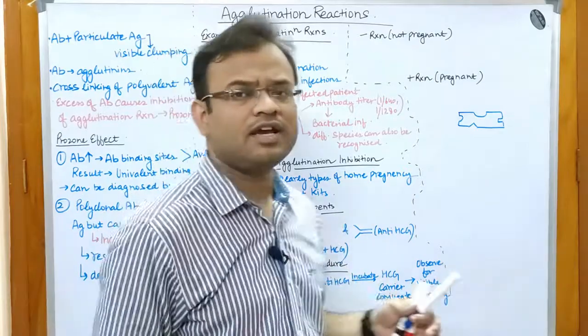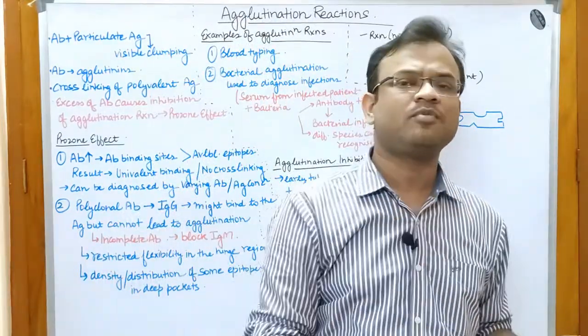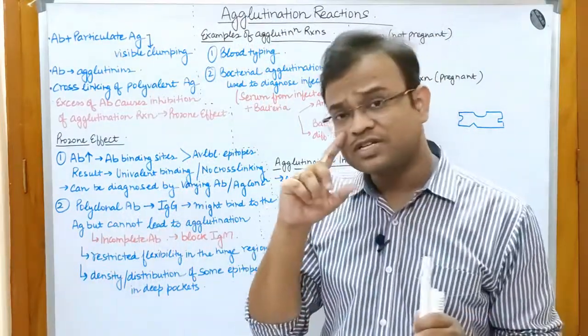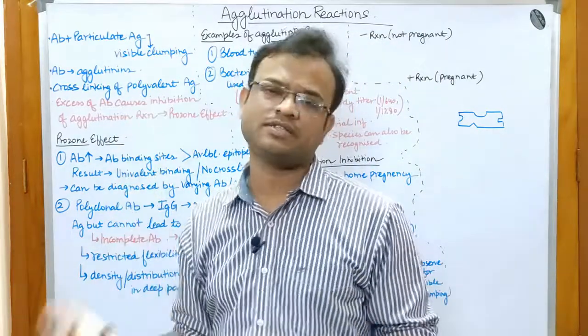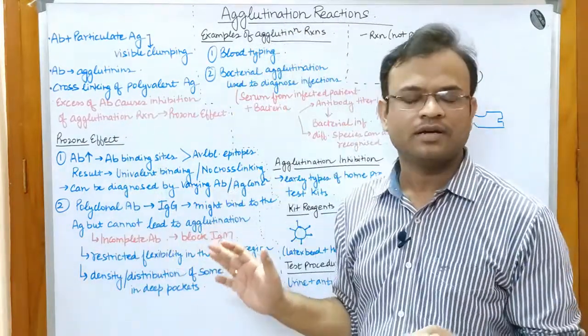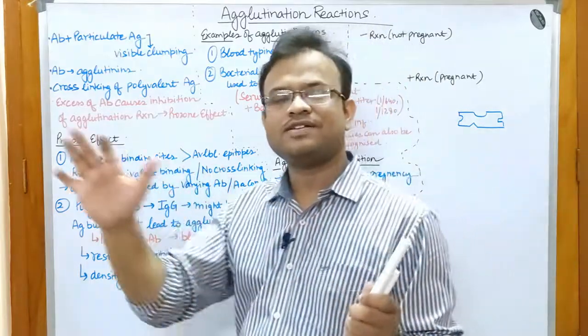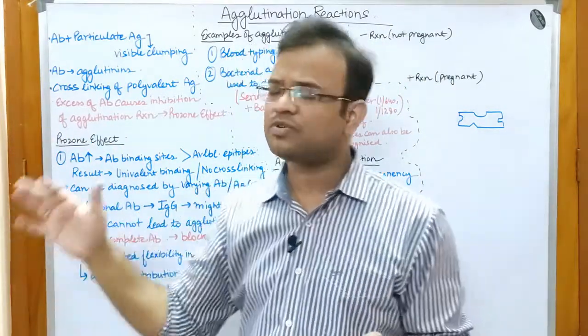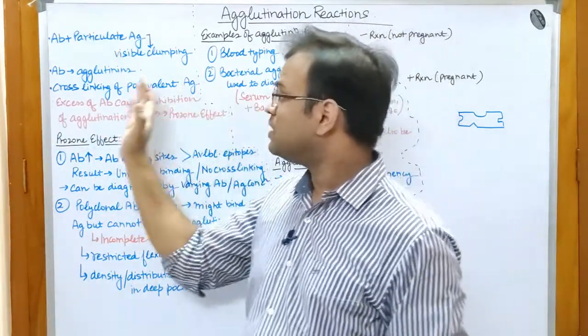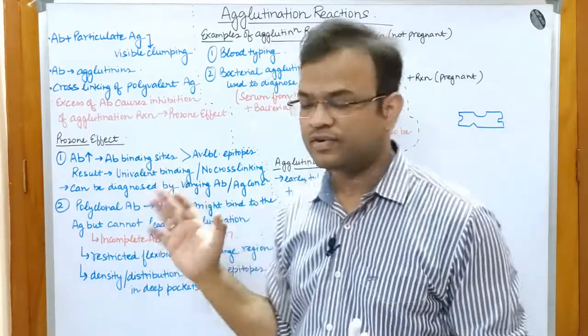When this is done, it causes cross-linking between different antibodies and different antigens, and because of this visible clumping is seen. Concept remains the same, right? Over there also we were seeing a lattice and clumping and precipitation. Over here also we are talking about cross-linking, right?